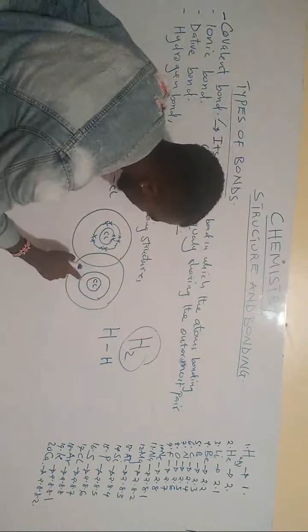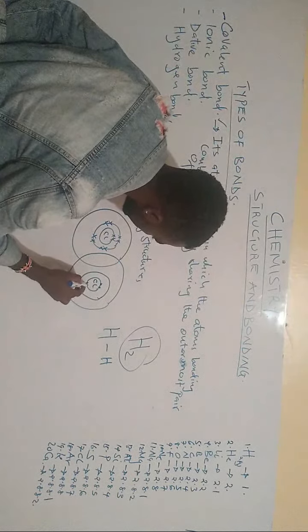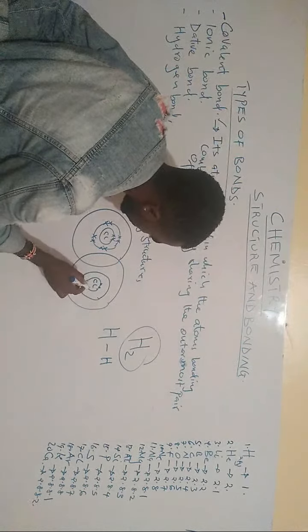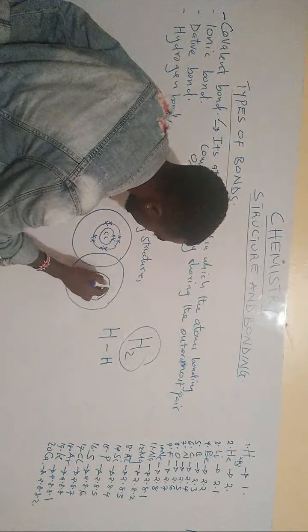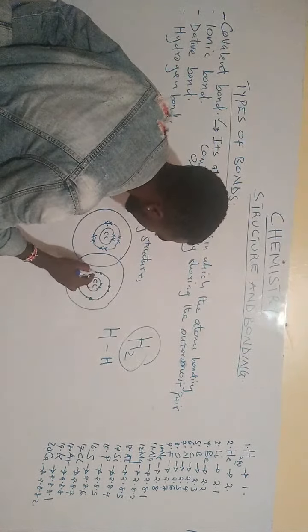So the other chlorine atom is here, first 2, then 1, 2, 3, 4, 5, 6, 7, 8.